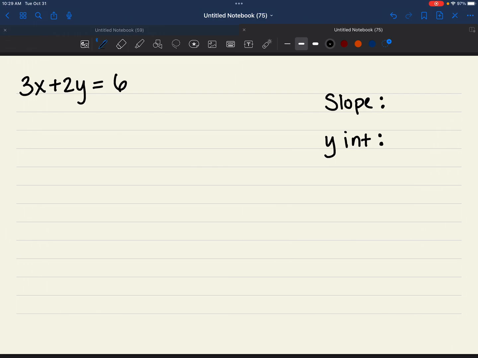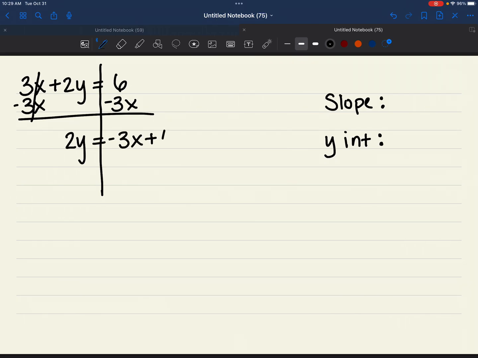Yes or no? No. So I move it into that form. The same steps I used on the last one. What's my first step here? I subtract 3x from both sides. Can I actually subtract 3x from 6? No. So I get 2y is equal to what? Good. I always write x first, number after it.